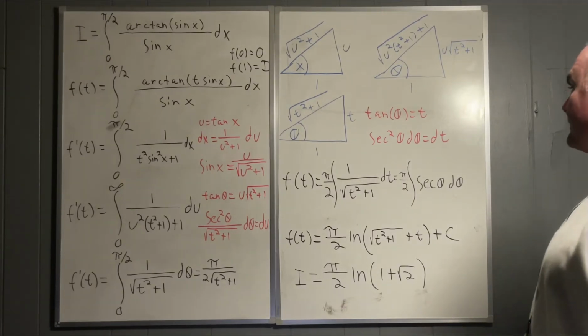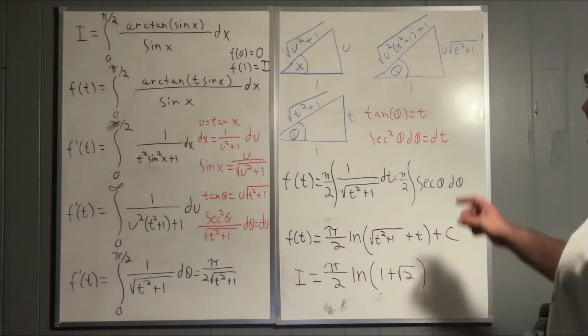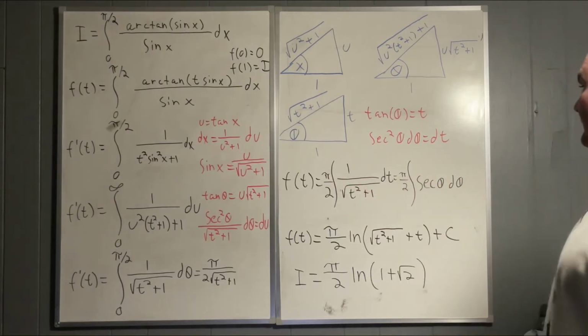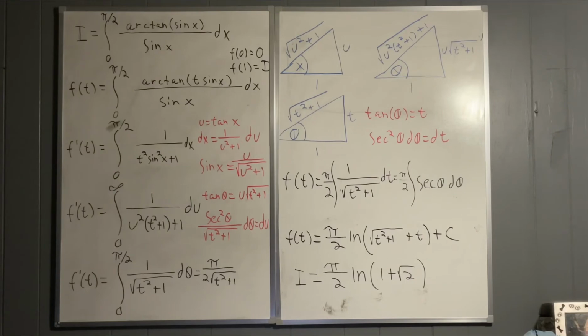And so when you apply that substitution, you get that f of t is equal to pi over 2 times the indefinite integral of secant phi d phi. The indefinite integral of secant is one you're required to memorize in a lot of calculus courses, I believe. It is the natural log of secant plus tangent.